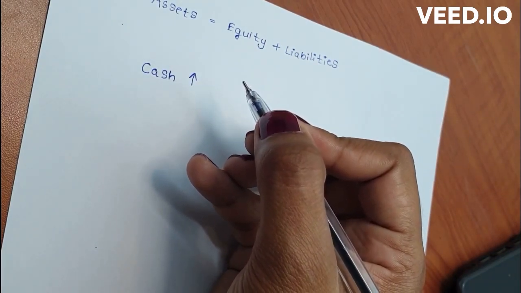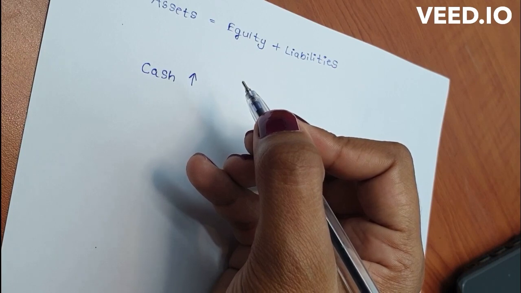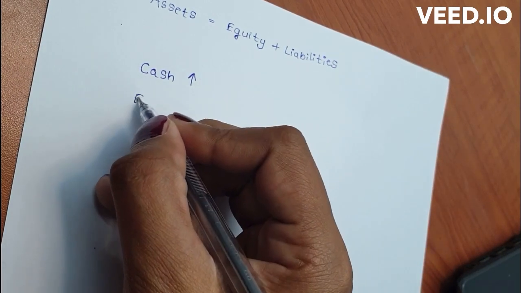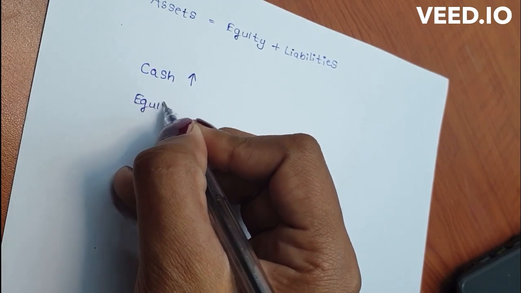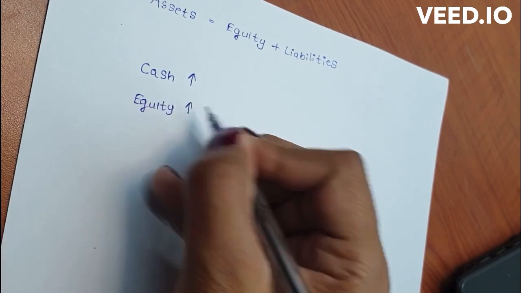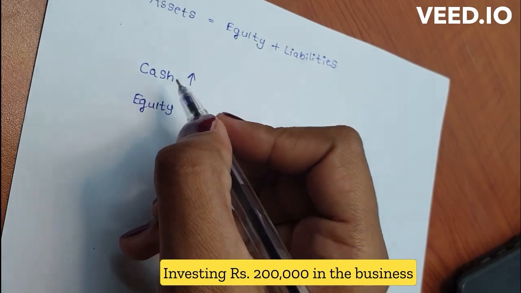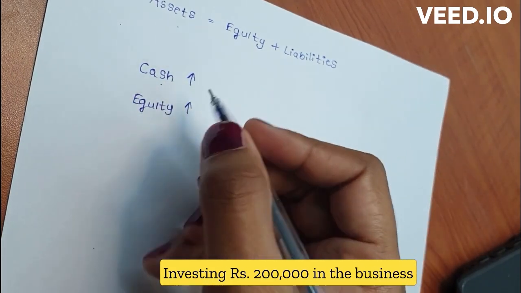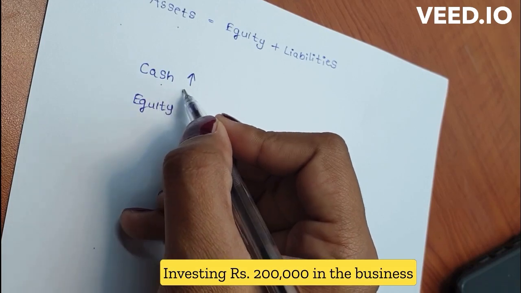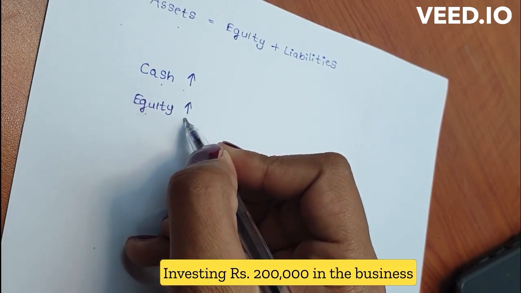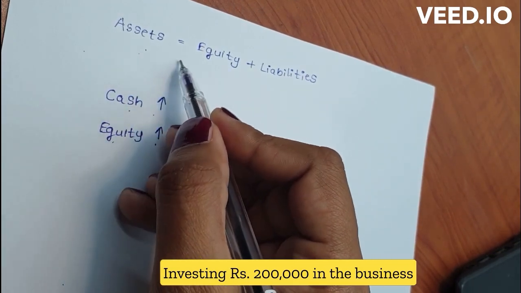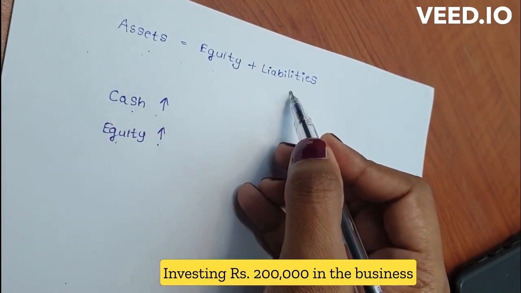Since this is capital brought in by the owner, the equity amount in the business is also increasing. Cash is a form of asset, so cash increases and equity increases. Now let's show it in the accounting equation, assets equal equity plus liabilities.